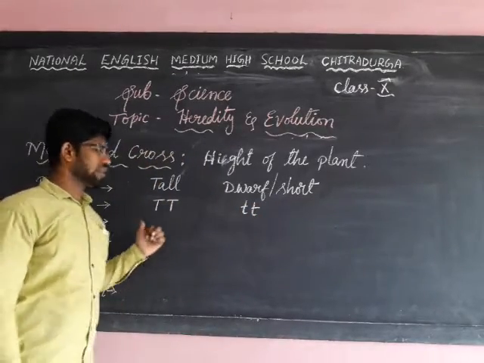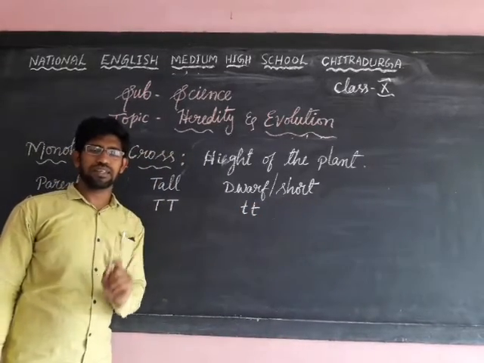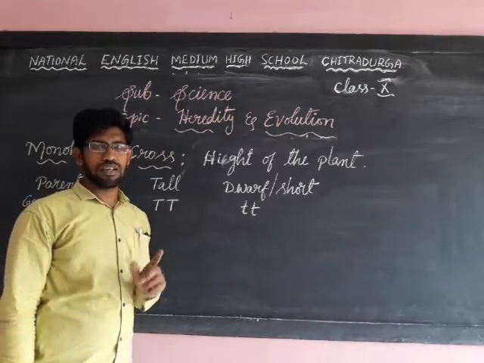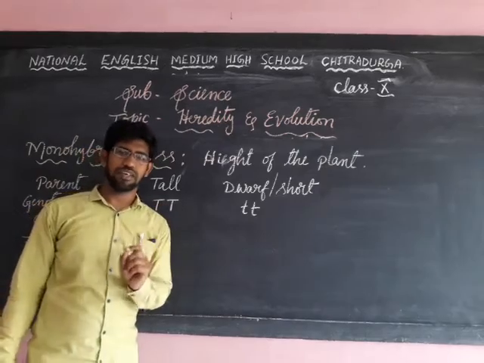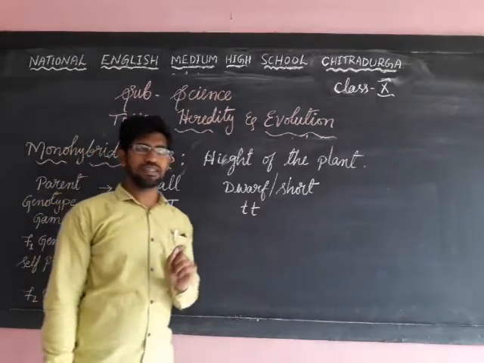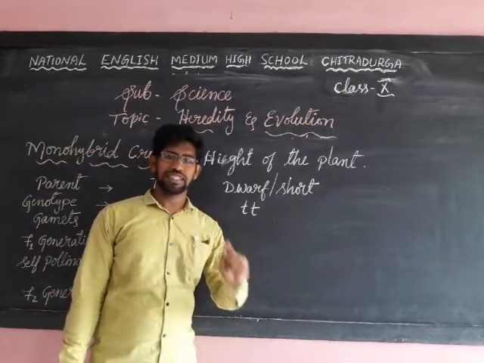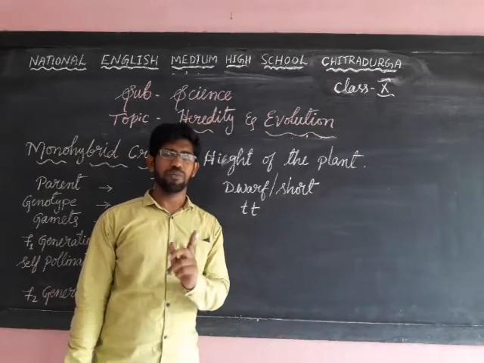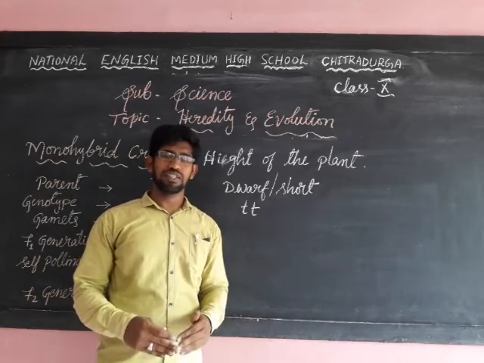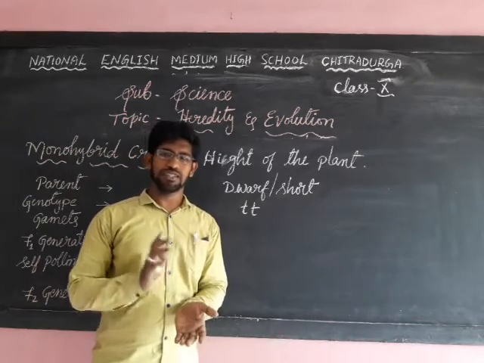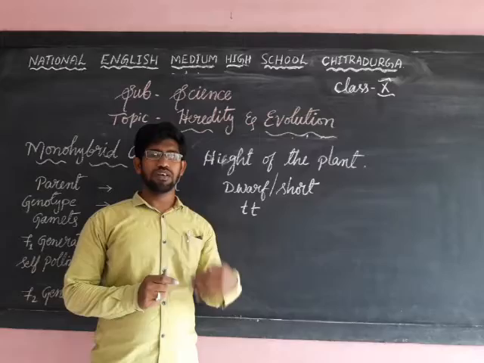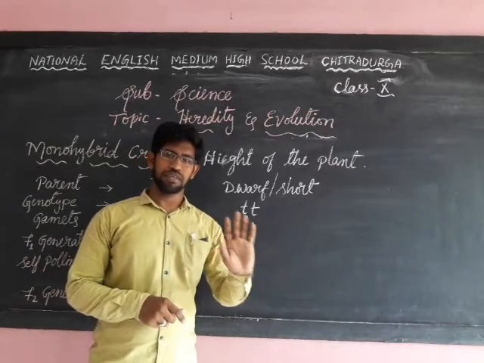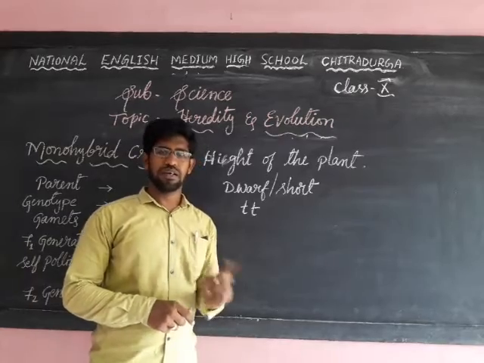And remember, the capital letter represents the dominance of the characteristic. The dominant character is a capital letter, and the small letter represents the recessiveness of the characteristic, which is not able to express itself. Remember, dominant is the one which is able to express itself, and the one which is not able to express is called recessive. And the small letter represents the recessiveness of the plant character.